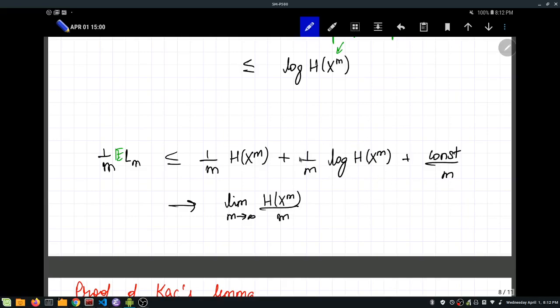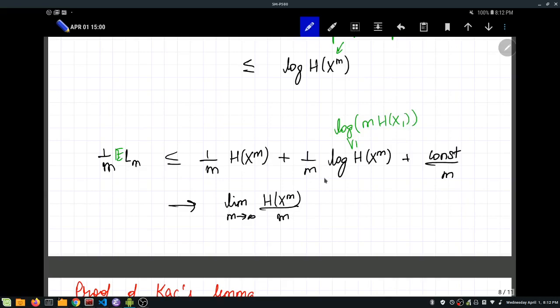The second term vanishes as m goes to infinity. And why is that? That's because this quantity is less than or equal to log of m times h of x_1.